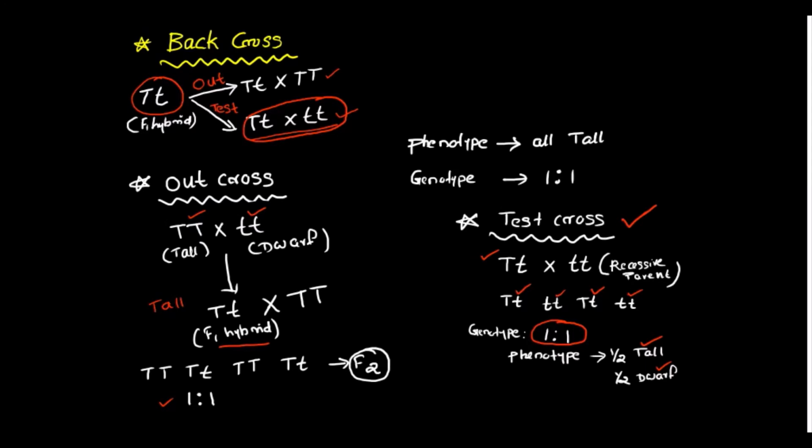But in test cross, we are crossing an unknown phenotype, that may be homozygous dominant or heterozygous, with recessive trait. So we can distinguish the genotype of the dominant phenotype. I think this is clear for you.